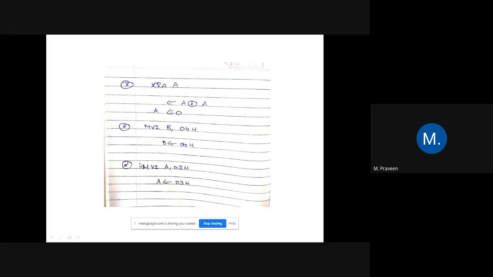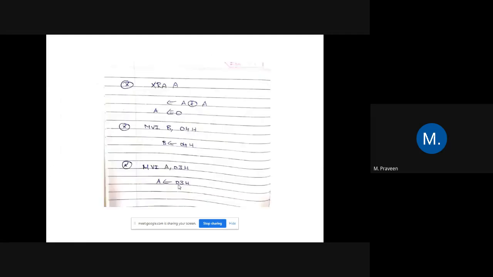The third instruction is MVI A, 03. This is the same as the previous instruction: MVI A, 03 means immediately moving the data 03 to the accumulator. After this instruction, the value of A is 03. So B value is 04, and A value is 03 now.